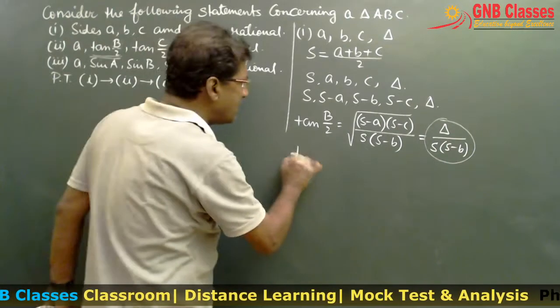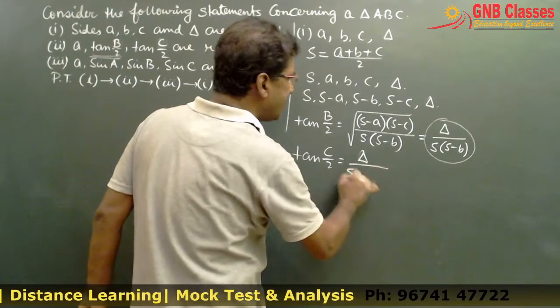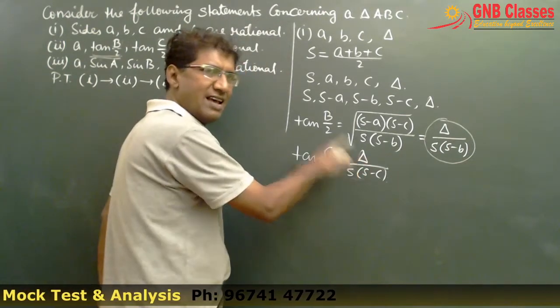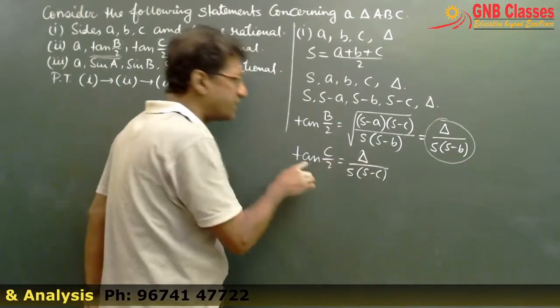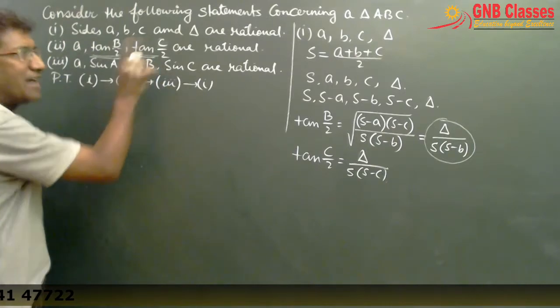Tan C/2. Similarly, you can find out what is tan C/2. It will be nothing but del by s(s minus c). Again, s minus c and del are all rationals. If they are all rational, then tan C/2 is also rational.